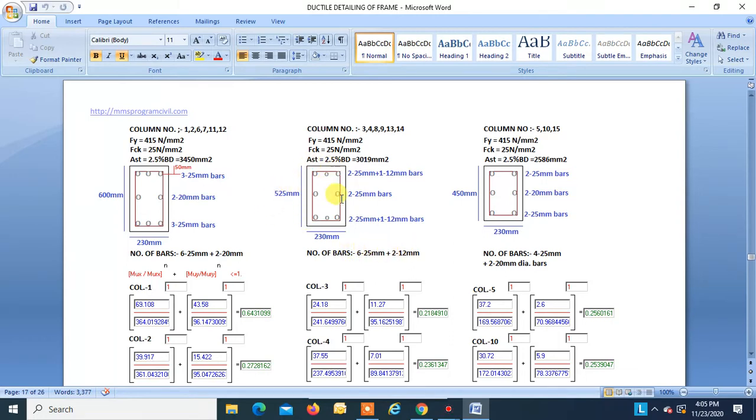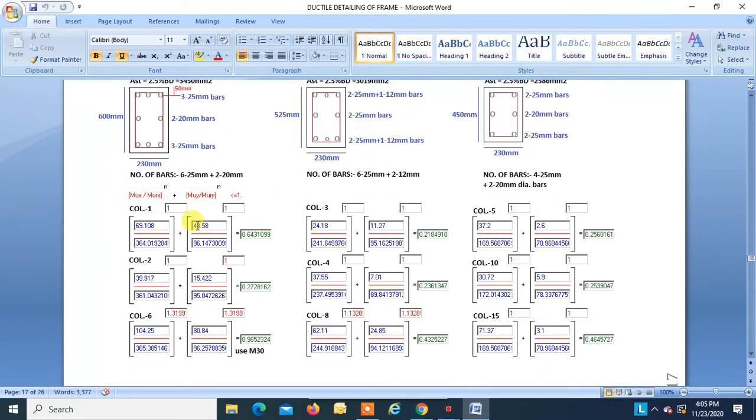Now this is 450 by 230, that is column number 5, 10 and 15, number of bars is 4-25 and 2-20. So we have to do the biaxial analysis.